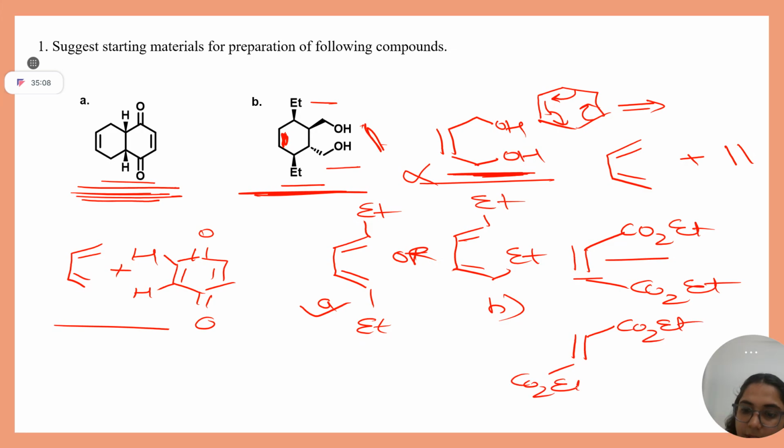When you do the 4 plus 2 cycloaddition between these two, you will get your final product like this: Et, Et, CO2Et.